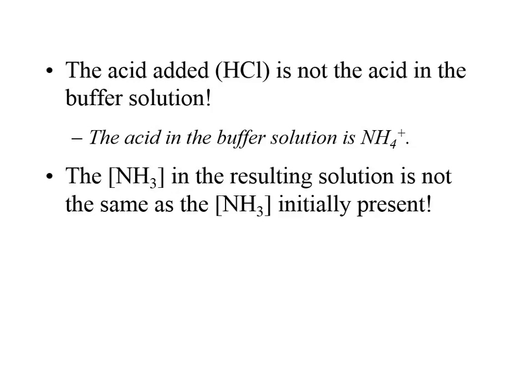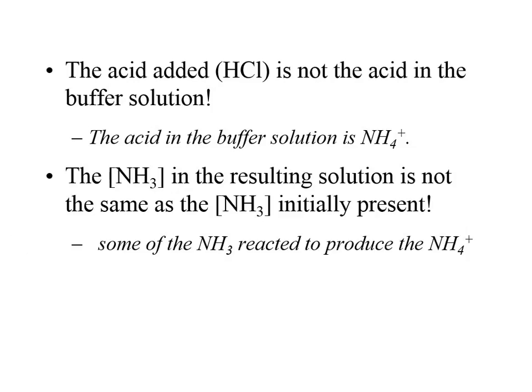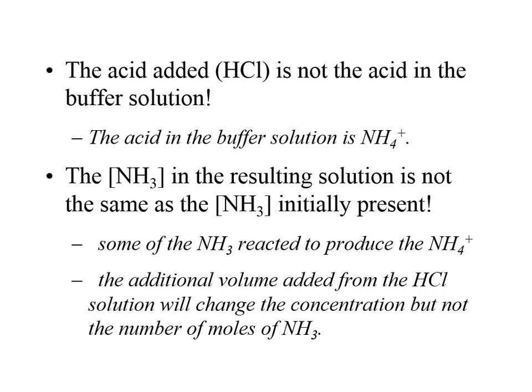Some of our NH3 is going to be totally one-way converted to NH4+. So the moles of NH3 we start with, we're going to end up with fewer moles of NH3 because they're converted to its conjugate, NH4+. Some of the NH3 will be reacted to form NH4+.